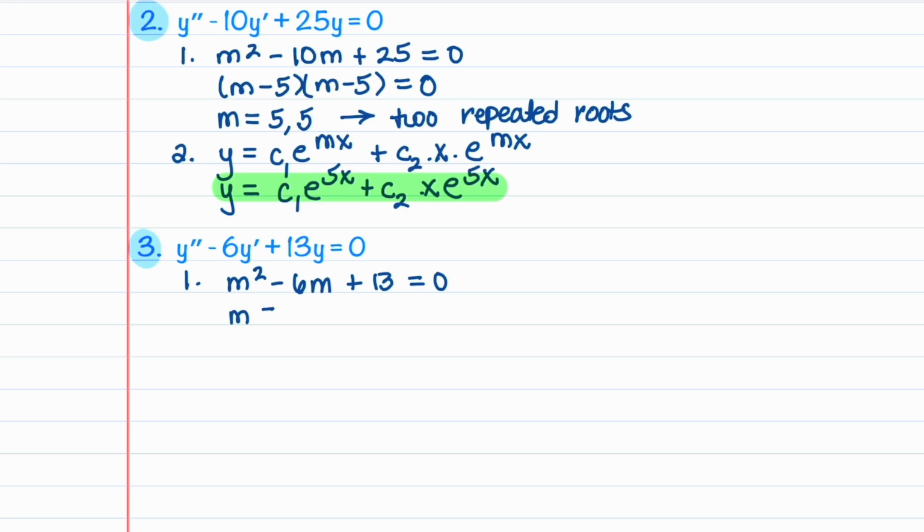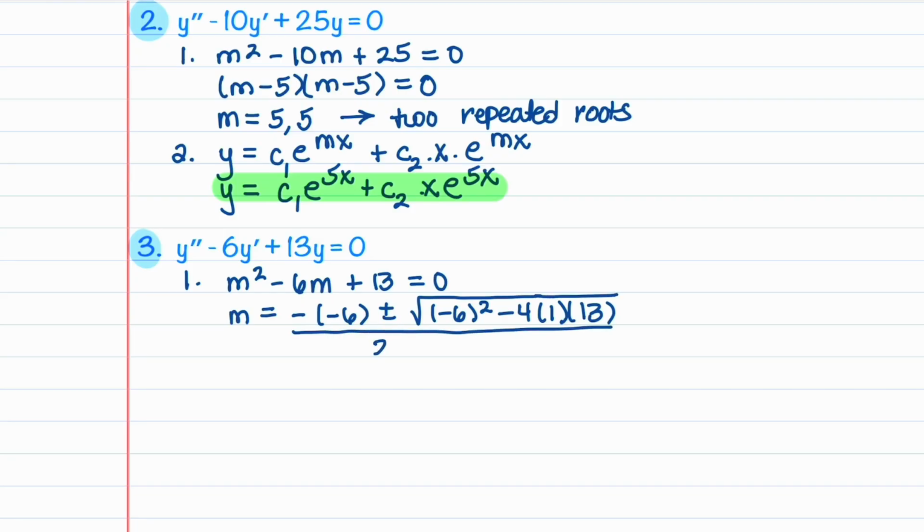So m is going to be negative b, so that's minus a minus 6, plus or minus the square root of b squared, that's minus 6 squared, minus 4 times a, which is 1, times c, which is 13. And all of this gets divided by 2 times a, which is 1. Let's see.